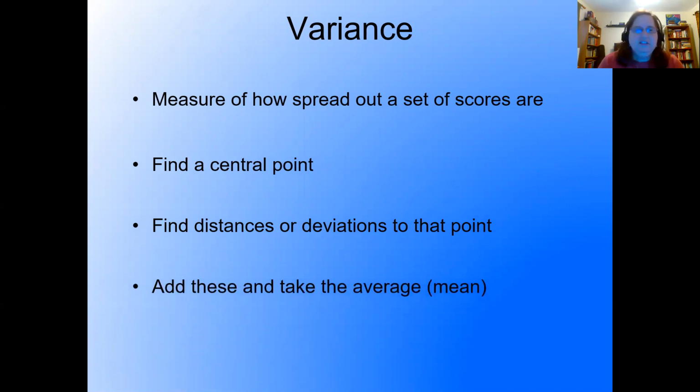You add these and take the average. Kind of makes sense, right? In theory, that's what we would want to do. Find a central point. How far are things away from that point? Take the distances, add them up, get the average. Makes sense.